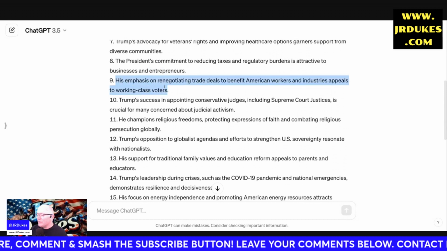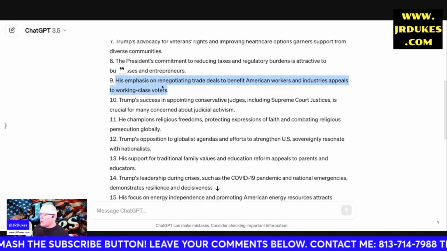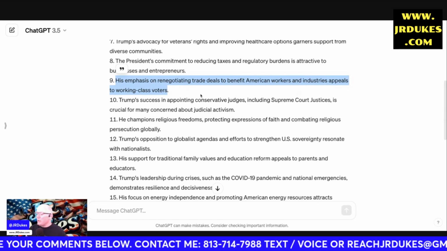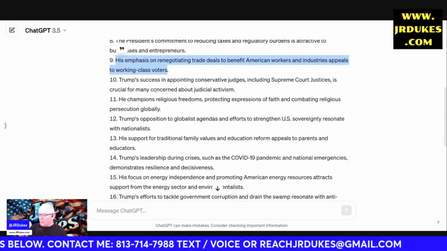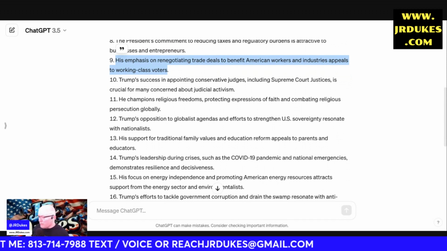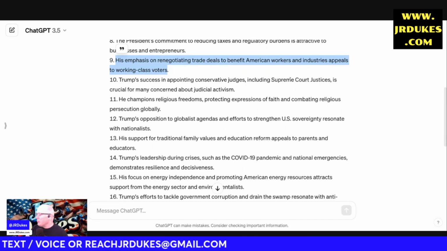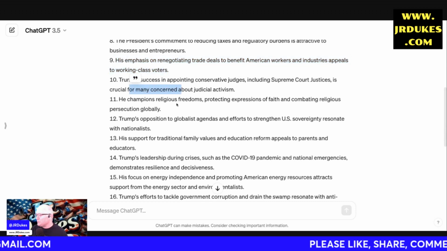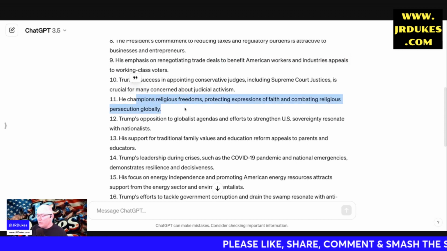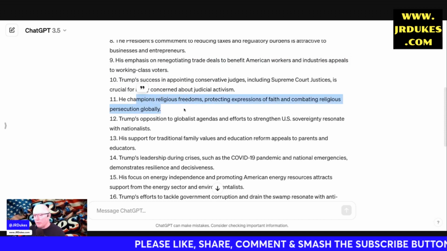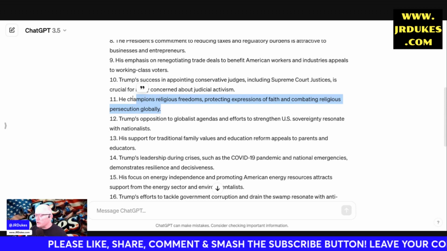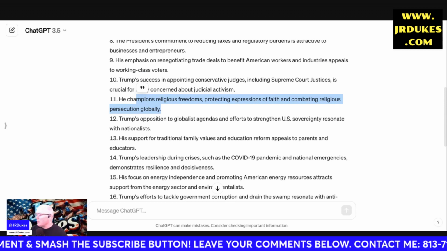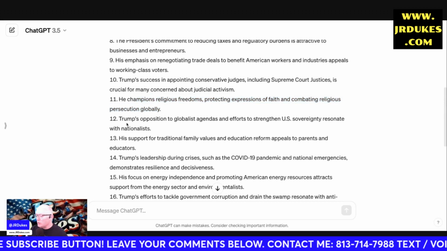Amen on that. 9, he emphasizes renegotiating trade deals to benefit American workers, and industry appeals to working class voters. 10, Trump's success in appointing conservative justices, including Supreme Court justices, is crucial for many concerned about judicial activism. Very true. And if you remember, Donald Trump has appointed, I believe, 3 current U.S. Supreme Court justices. He champions religious freedom, protecting expressions of faith, and combating religious persecution globally.